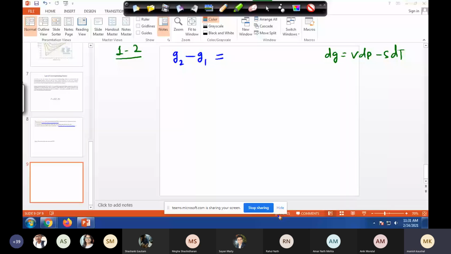The confusion is which S and which P we will take while we are going from 1 to 2 in this relation. Yes, because volume can vary with temperature. How are we going to tackle this? Just give me a moment.